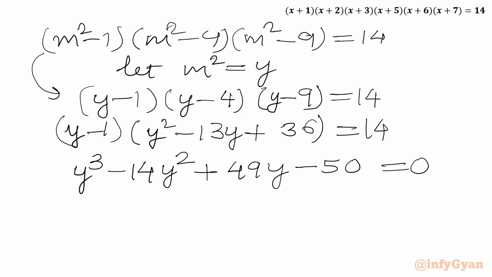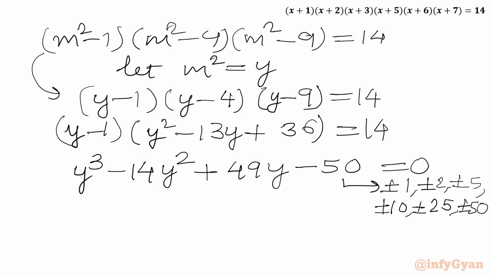If I find factors of 50, then we can write ±1, ±2, ±5, ±10, ±25, and ±50. If I plug in y = 1, will it satisfy? 1 - 14 + 49 - 50, no, it won't.